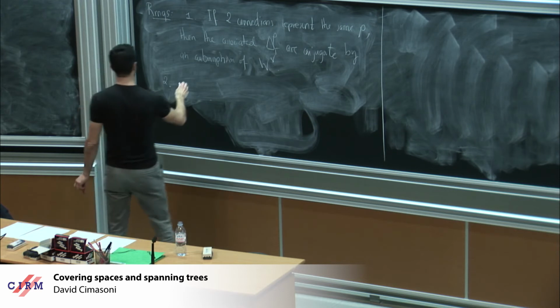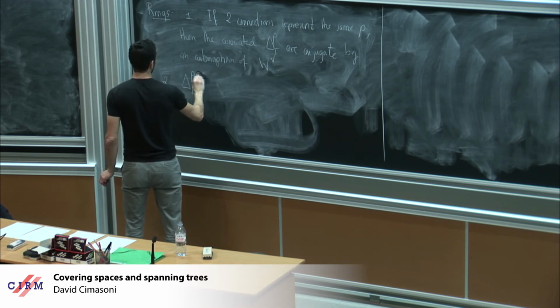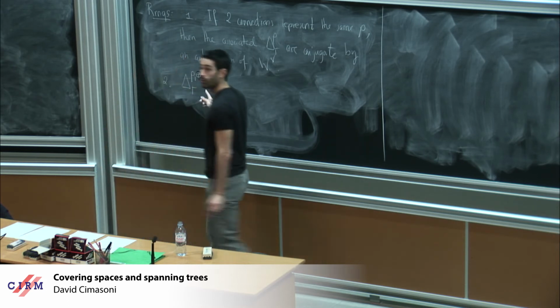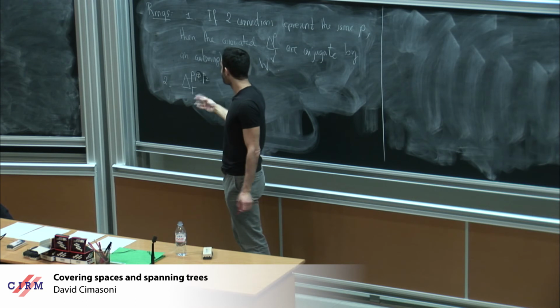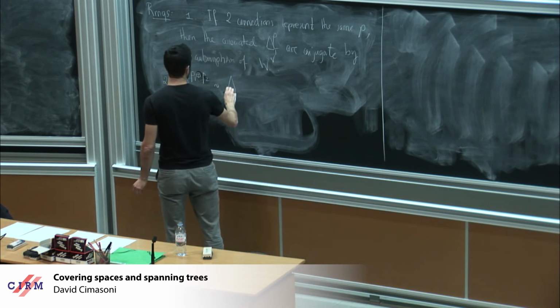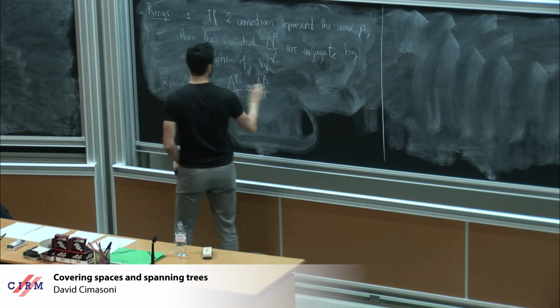If you take the direct sum of two representations, if you twist your operator with the direct sum of two representations, what you get is conjugate to the direct sum of the corresponding twisted operators.